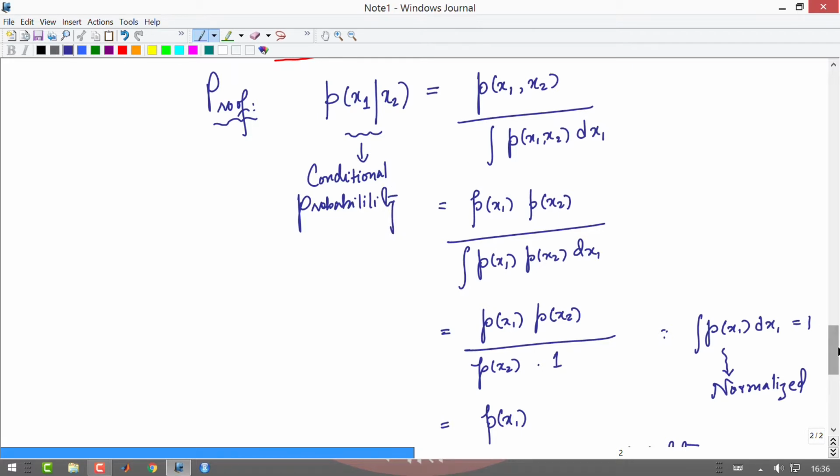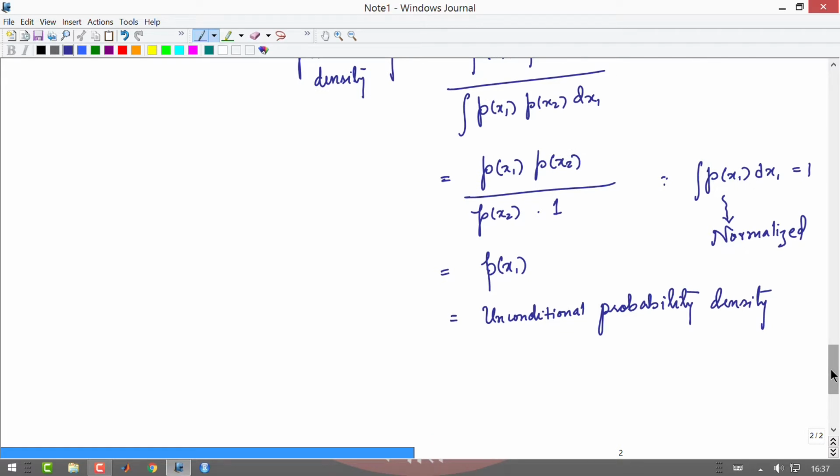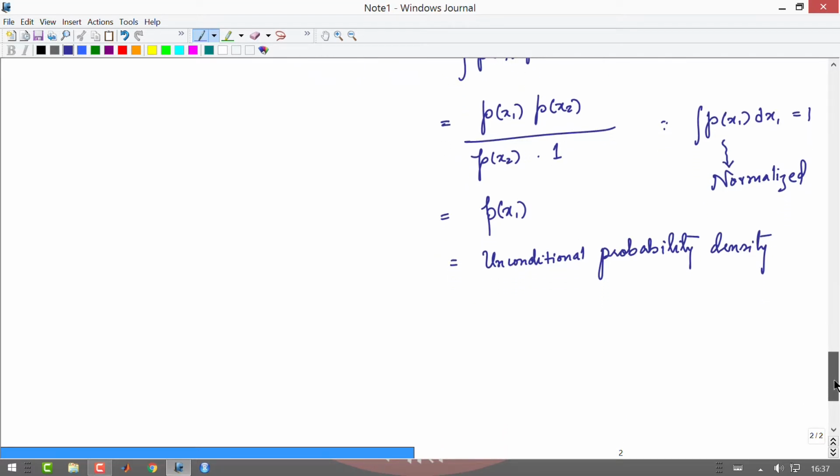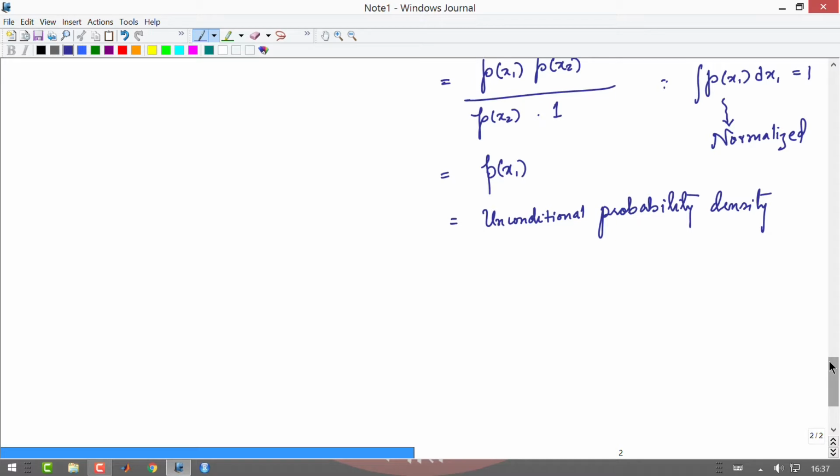So if you look at this derivation, what you have ended up proving is that if the random variables are uncorrelated, the conditional probability density becomes the same as the unconditional probability density. Okay, so that's an important result which helps us to simplify problems, and we shall give some problems in the upcoming assignment set, and that will test your understanding of these probability concepts.